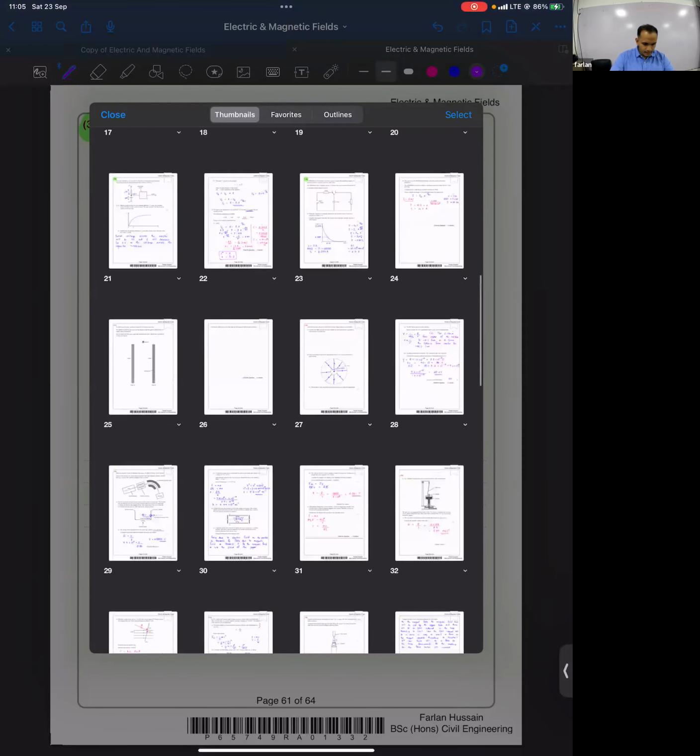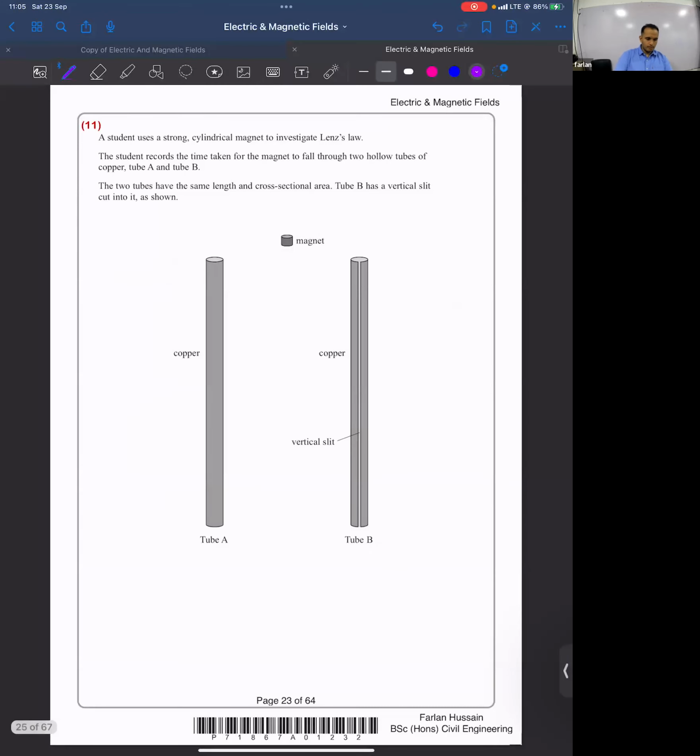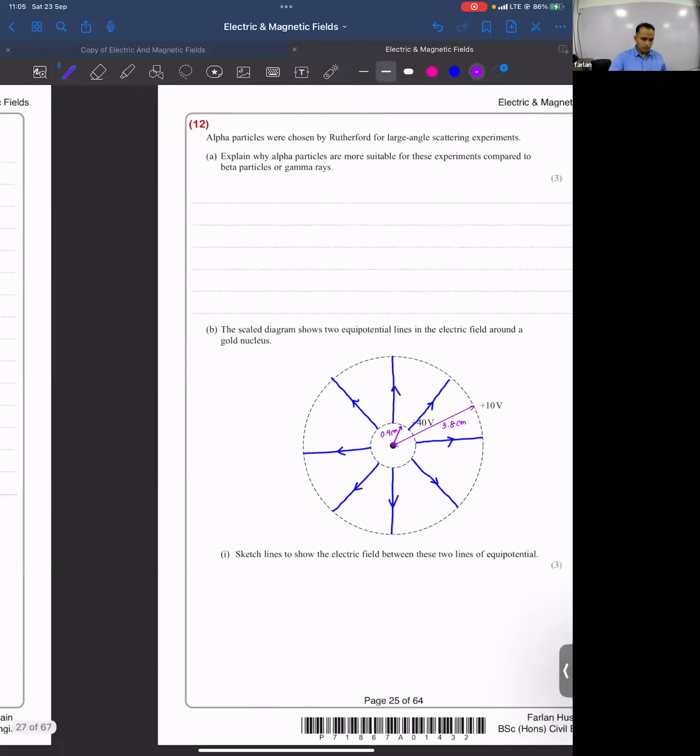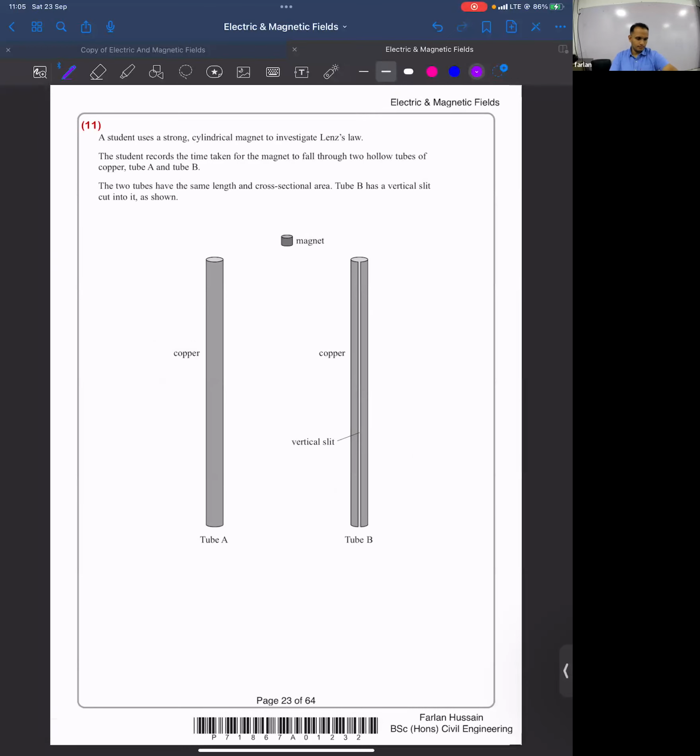Right, guys, turn to question number 11. We will start with the next topic, the next class, okay? Today we won't be able to start it. Turn to question number 11. So we'll start nuclear and particle physics next class. You guys read question 11.